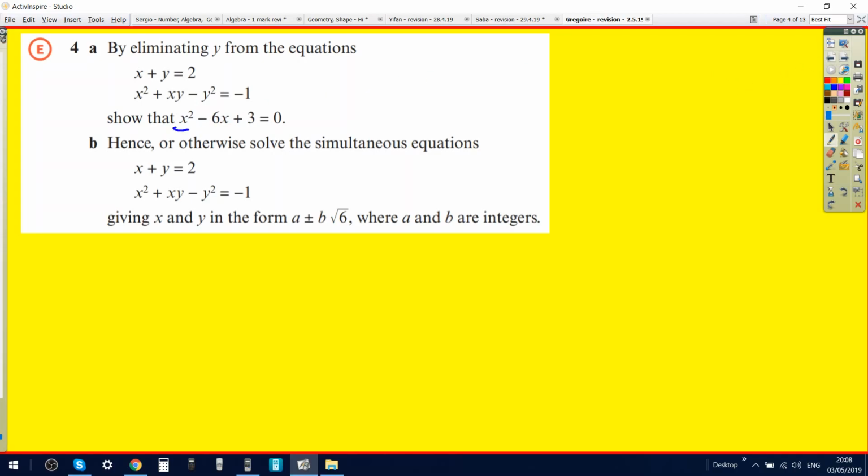How would you solve this equation? So you rearrange the top one to get y equals minus x, and then you substitute that into all the places where there's y.